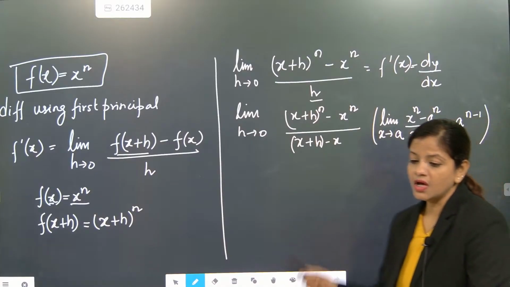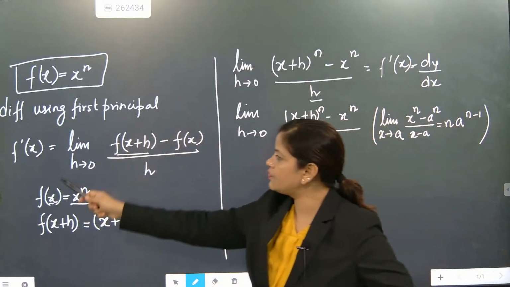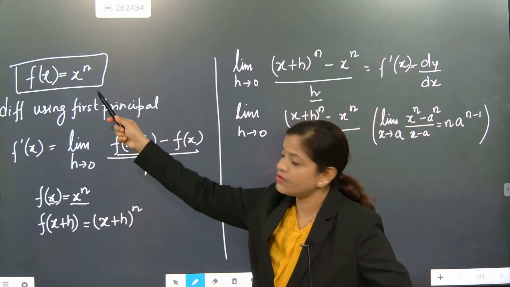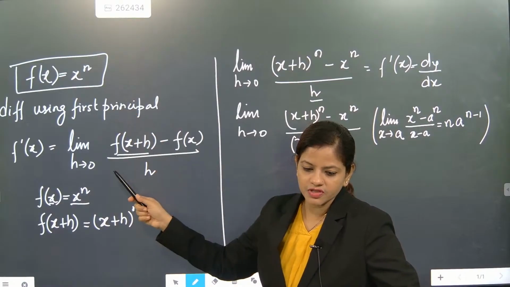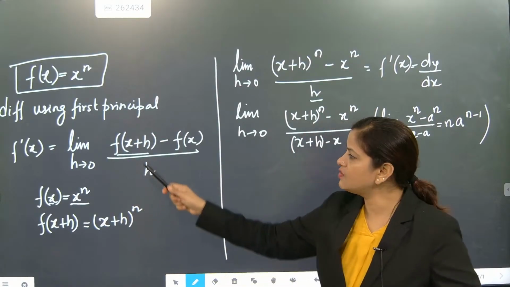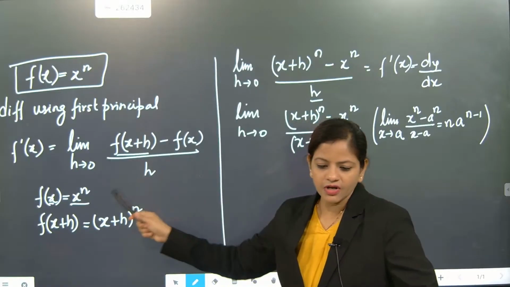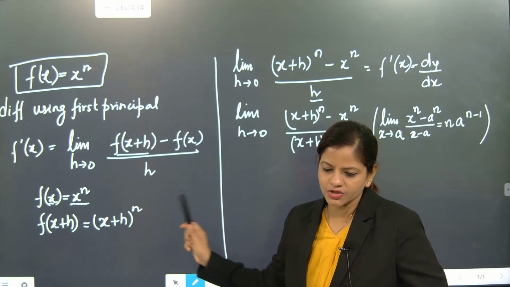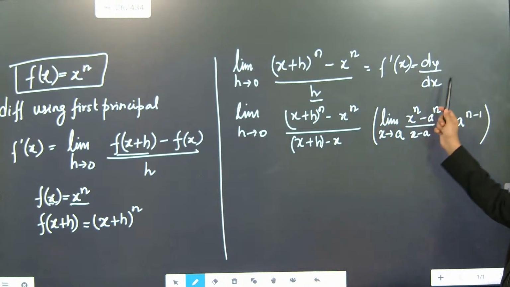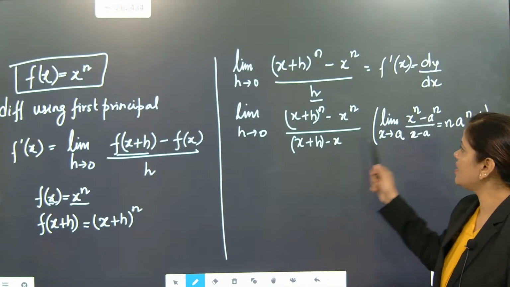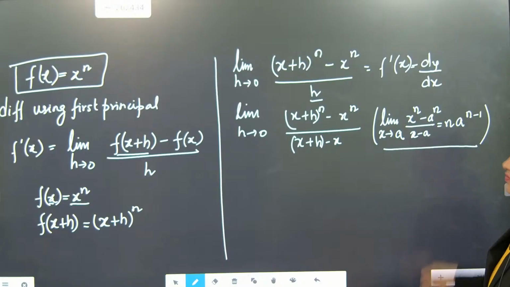What I told you, again I am repeating. We have to find the derivative of x to the power n. For solving this, we used first principle. In that right hand derivative we took, instead of c, we wrote x. We wrote f of x as x to the power n, and f of x plus h as x plus h to the power n. After writing this, we had no other way, so we added and subtracted and came to one of the limit formulas.